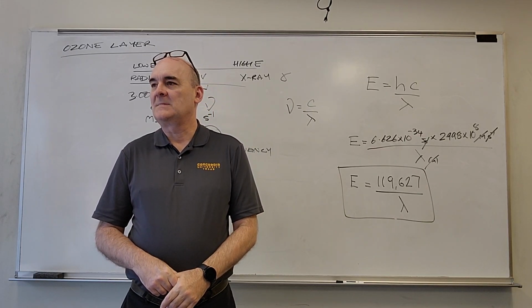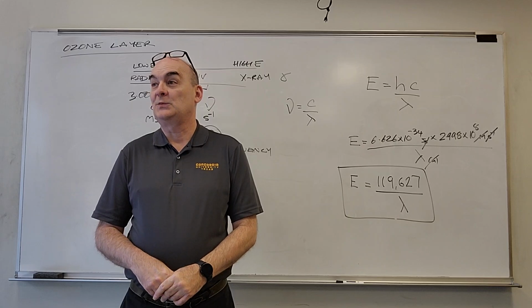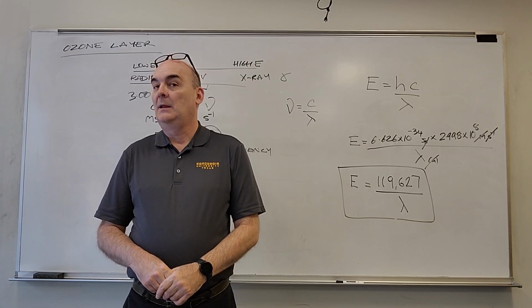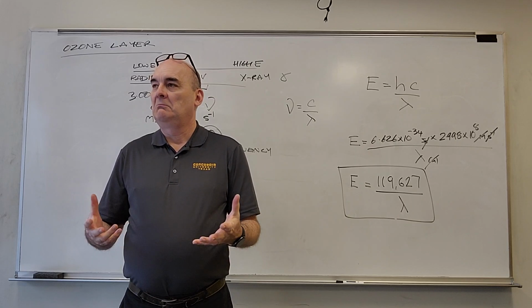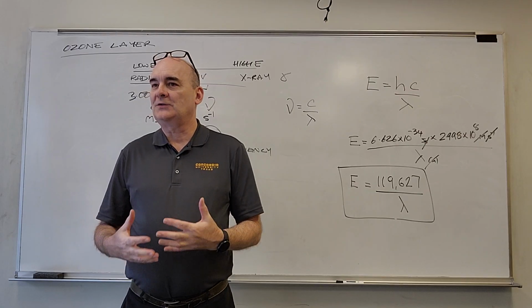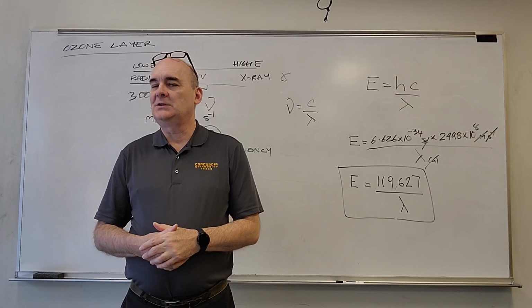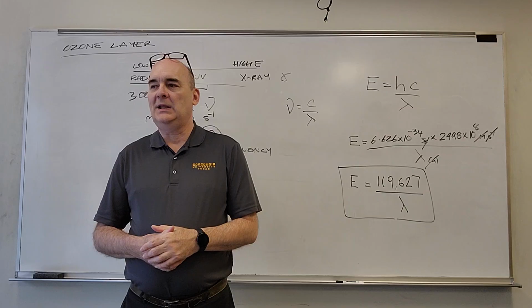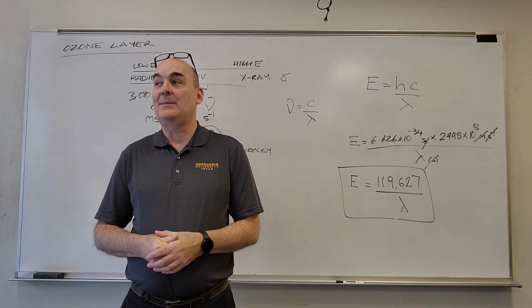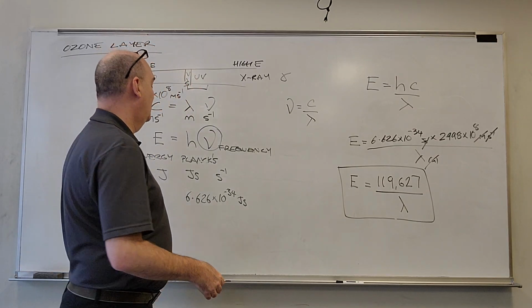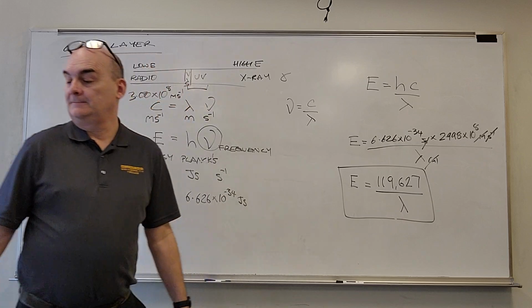Okay. That's where our book is heading, because we have an ozone layer that has relatively unreactive oxygen in it, and if we hit it with ultraviolet radiation, perhaps we can initiate something meaningful out of that. Okay.